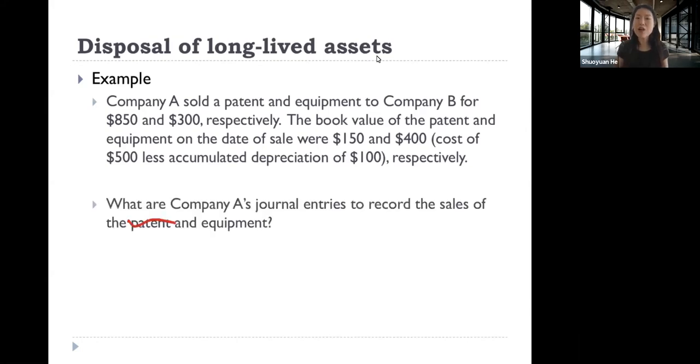What are Company A's journal entries to record the sale of the patent and the equipment? So please take 1 minute.